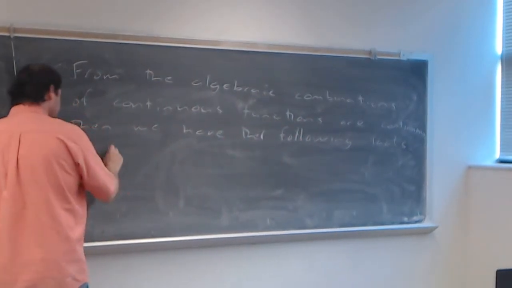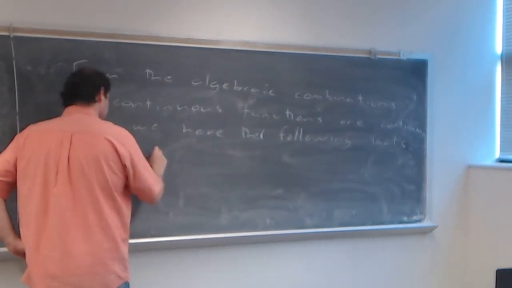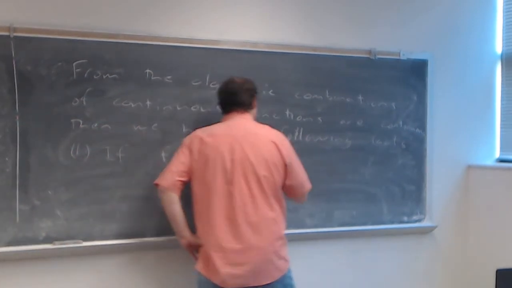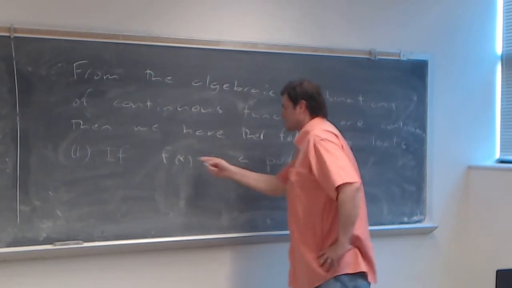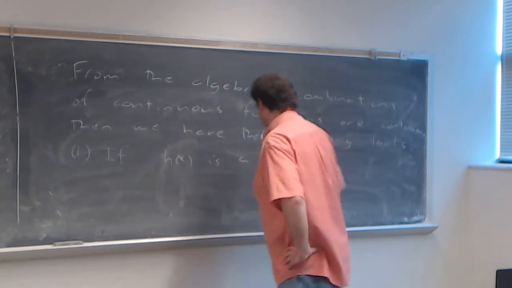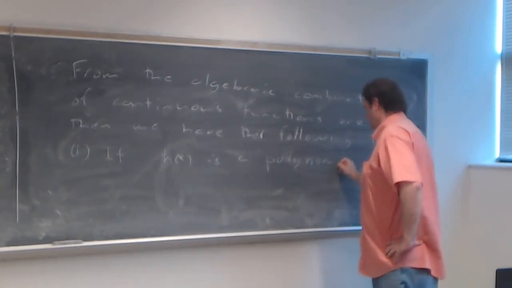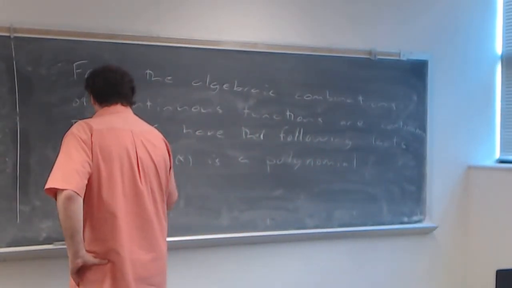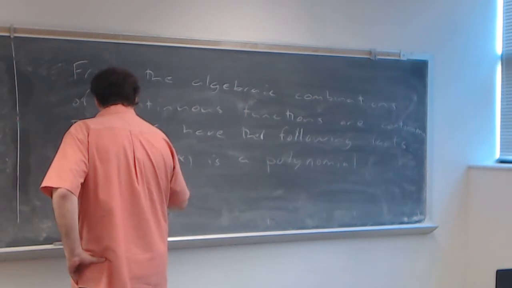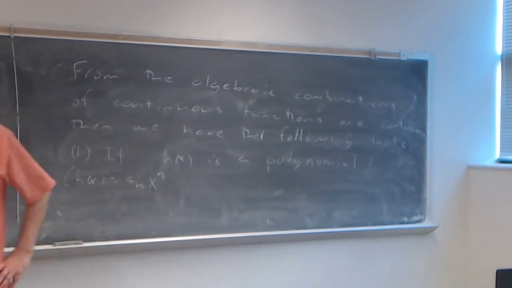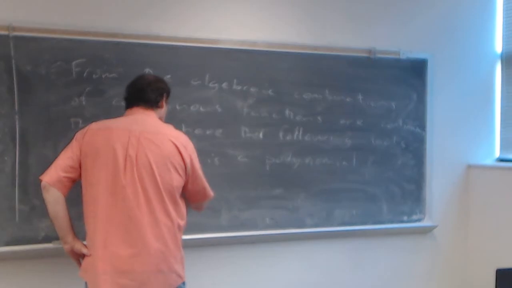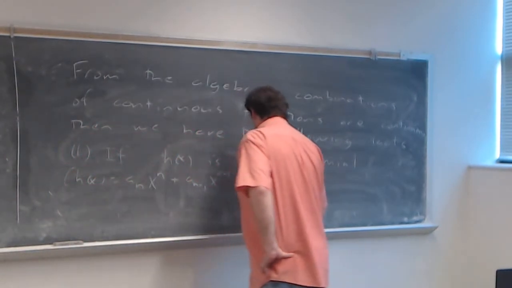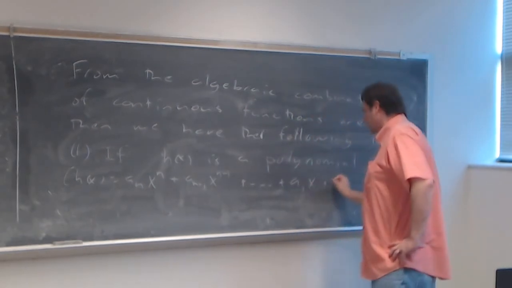1. If f of x is a polynomial, instead of calling it f of x, let me write it h of x. What's that mean? That means h of x looks like some number times x raised to a whole number power, plus some other number possibly times x raised to 1 less whole number power, all the way down to a sub 1 times x plus a sub 0.